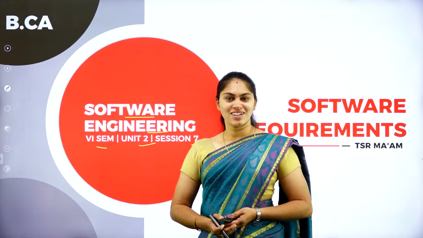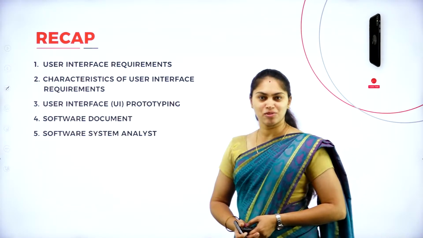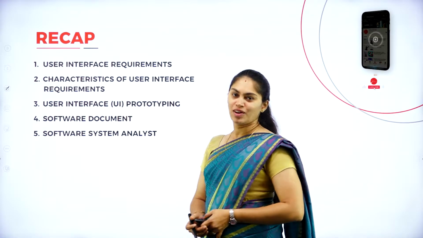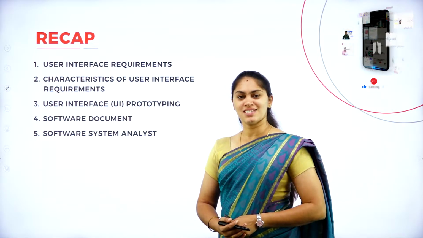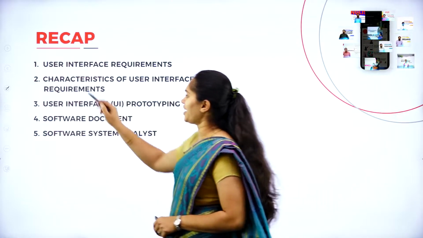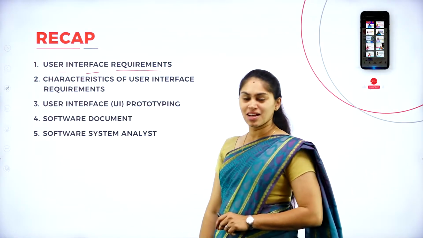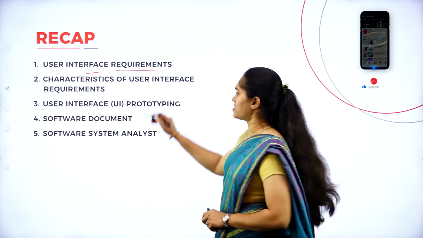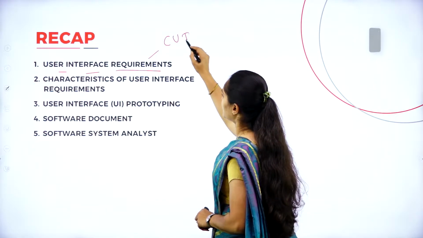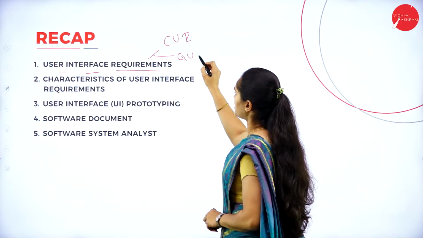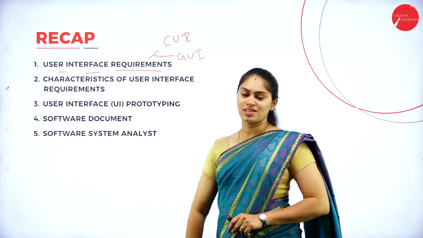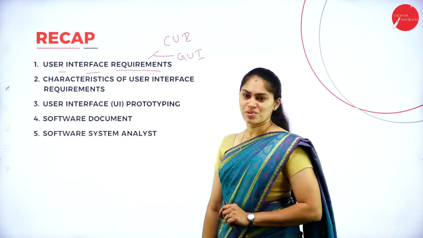So before getting into today's session, we'll have a quick recap of my previous session. As we all know, in the previous session of this chapter, we had a discussion regarding user interface requirements. There we got to know that we have GUI, that is graphical user interface, and also the command user interface or command line user interface.